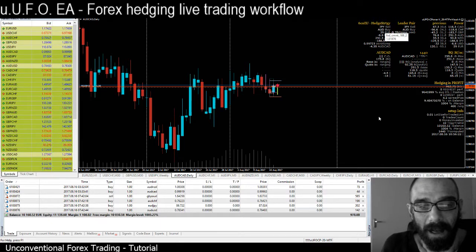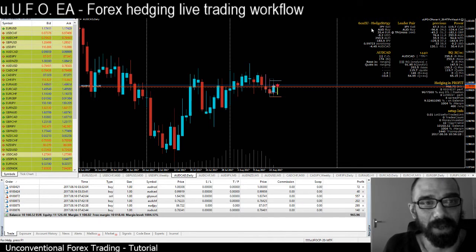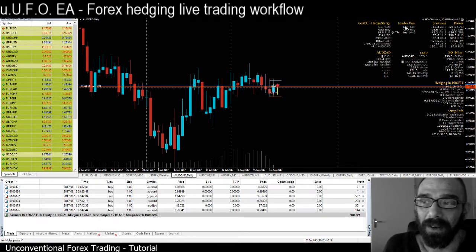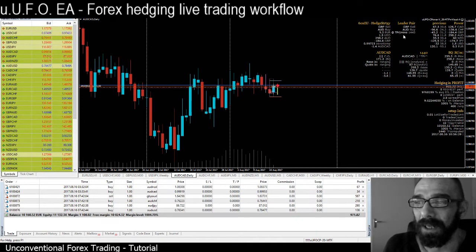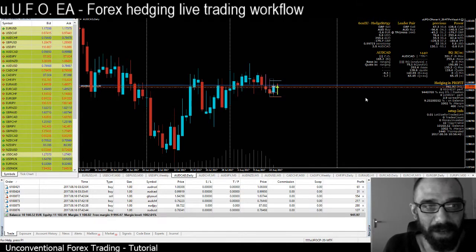Otherwise I keep the order and I keep these positions, which are hedged. Because of this, I created another subroutine that gives even more possibility to make coherent decisions in a very short time and very fast.